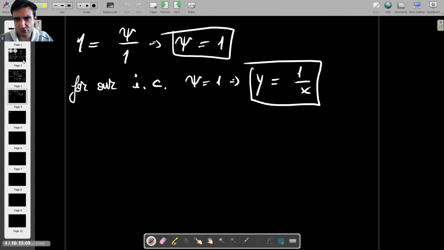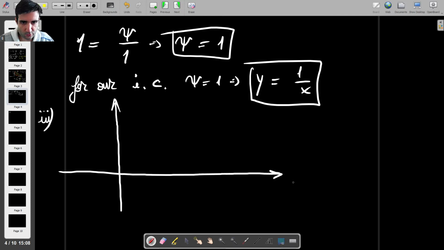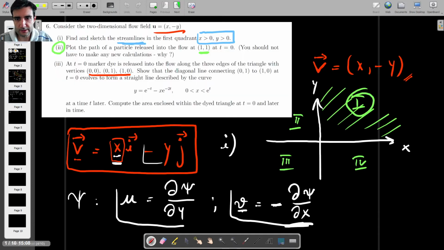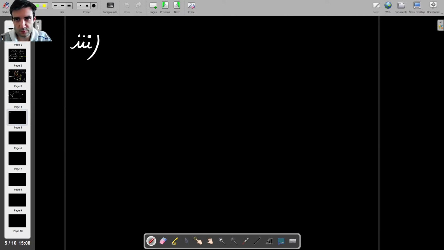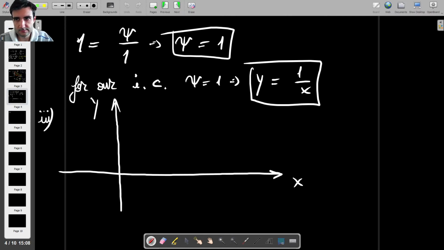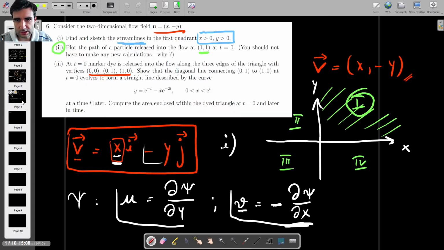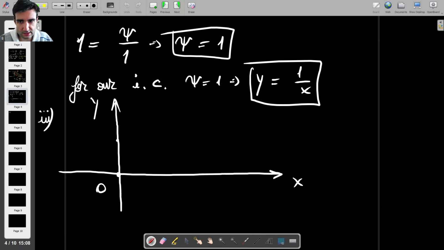So let's maybe draw those points first of all. So this is part 3, and this is the xy coordinate system. Okay, so we have that the first point is here. Then we have another point which is (0, 1), so that's here.